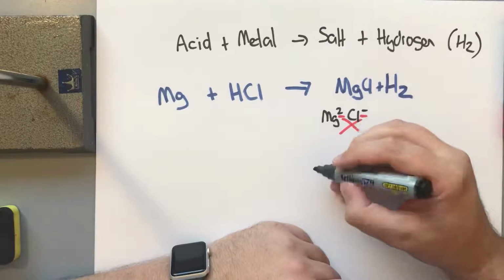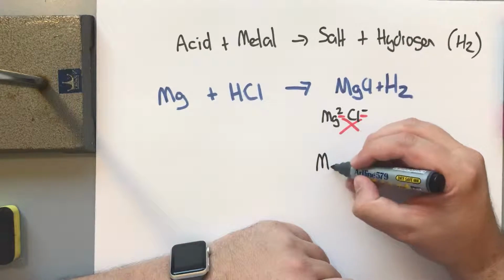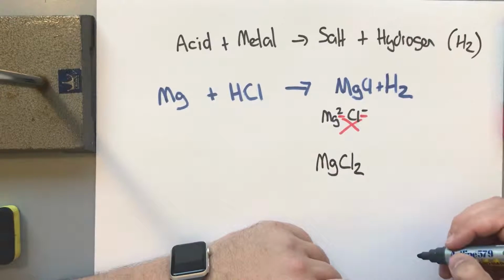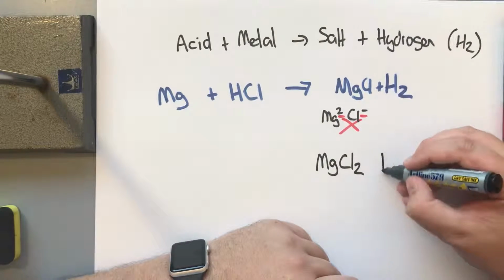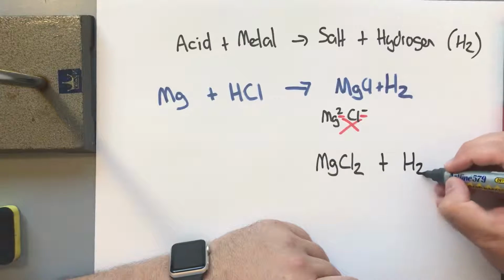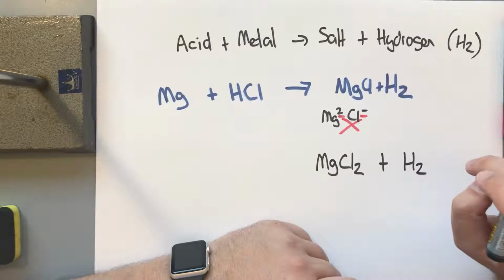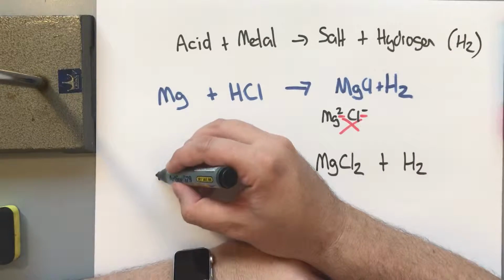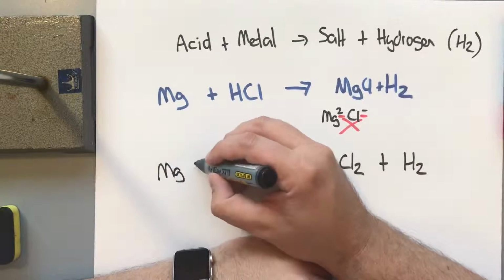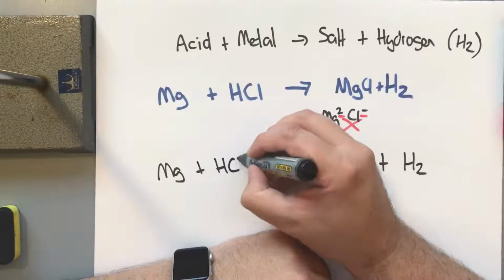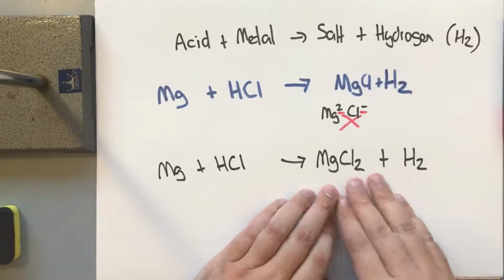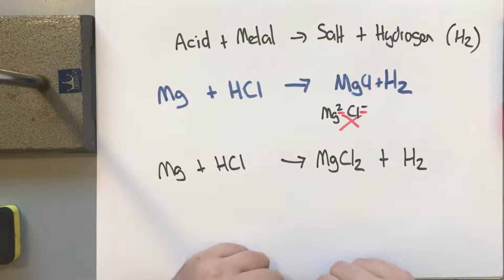So then we know that for each magnesium ion, we're going to need 2 chlorine ions. And we know that our hydrogen is in a gas form, H2. Just fill the rest of this in. All right, now, so that's our end products. The end products themselves are balanced.